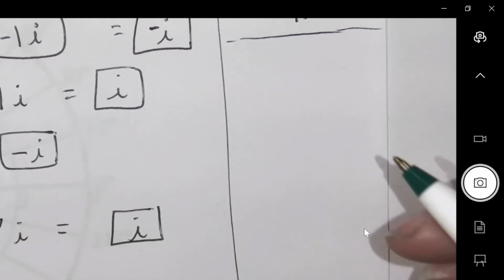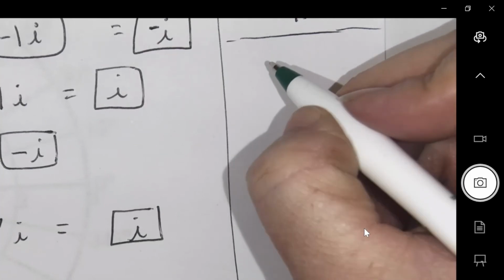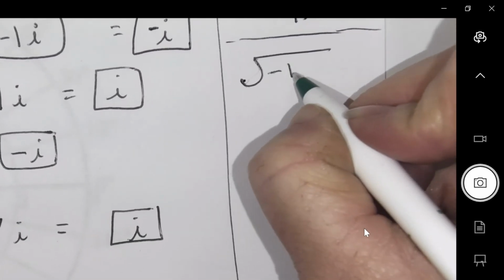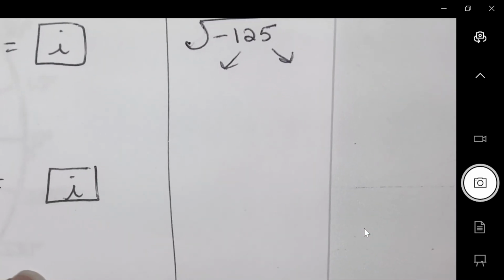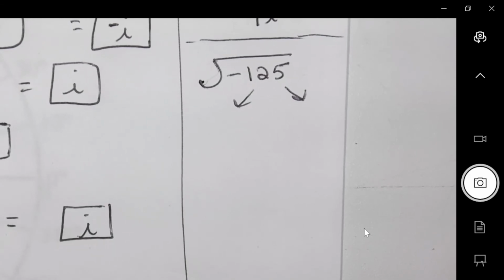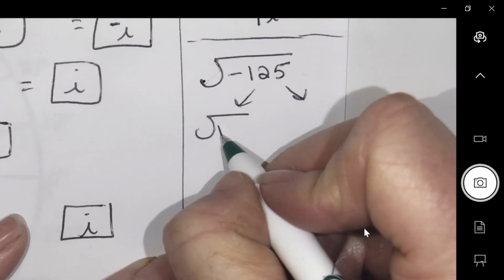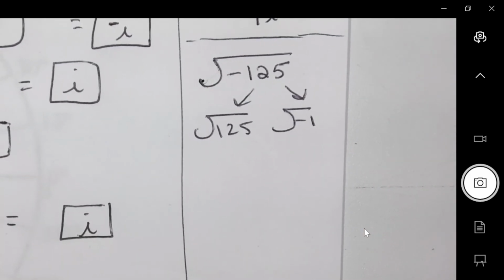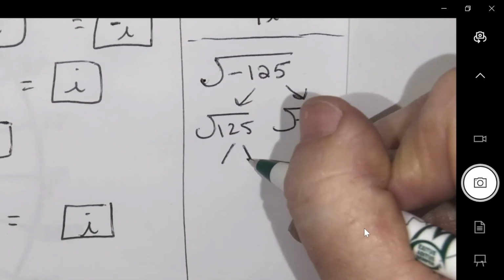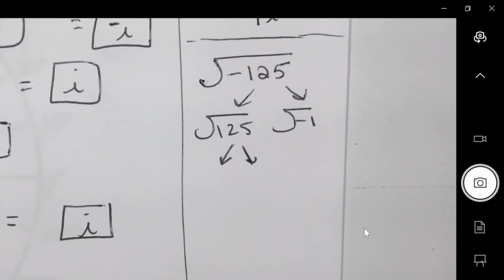What if I did this? So I'm going to go root 125 and root -1. Okay, the square root of 125, that's not something that works. Do you remember breaking this down more?